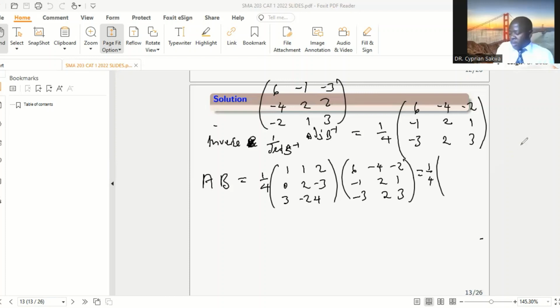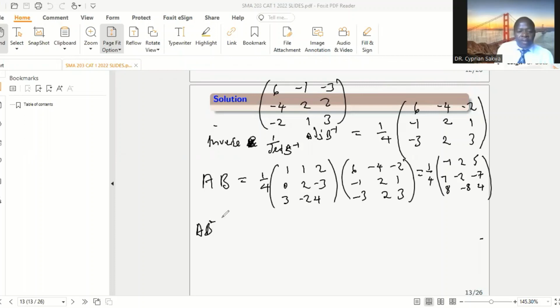And so that was giving me negative 1, 2, 5, 7, negative 2, and negative 7. And then 8, negative 8, 4. This is my AB.